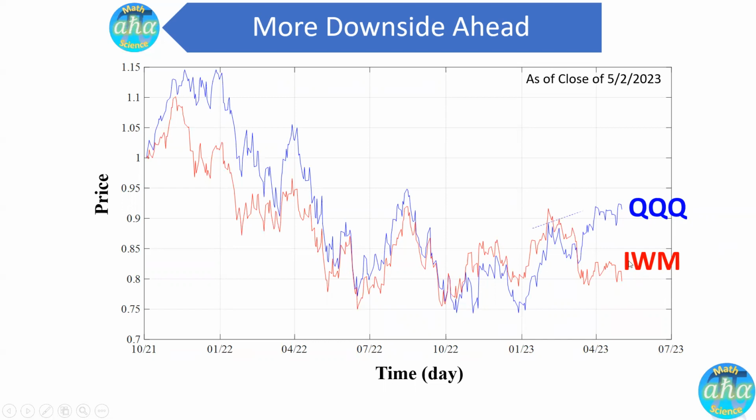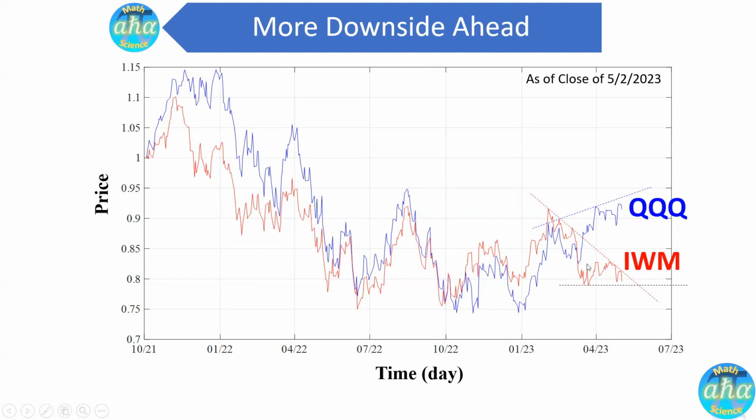You can see that QQQ was in a very clear uptrend, while the IWM has not broken its downward trend. It's much weaker. In fact, after the drop on Tuesday, IWM is very close to the previous low in March of 2023, while the QQQ is way further above the March low.